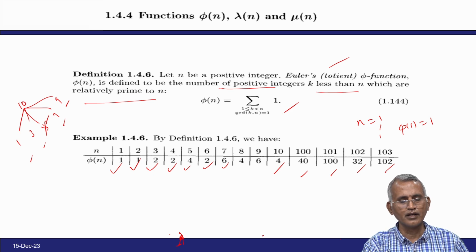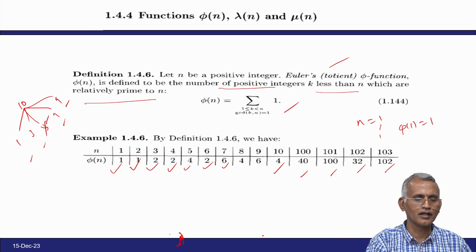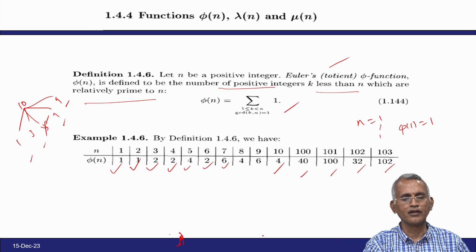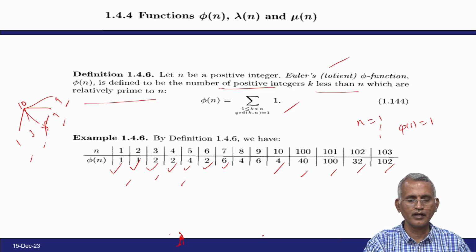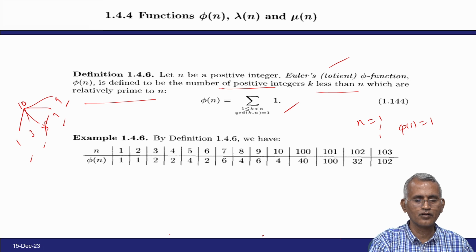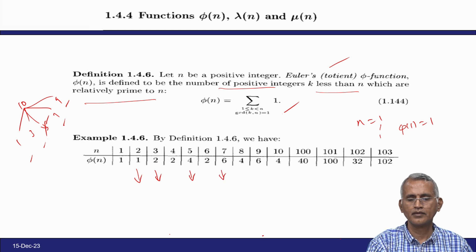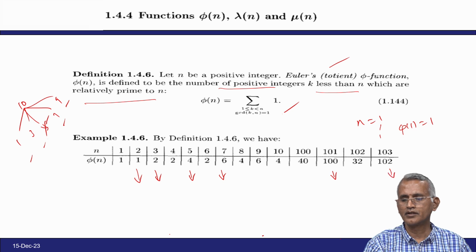Now you see, if n is a prime, then that number minus 1 is phi of n. Take 2, 3, 5, 7, and 101 is a prime, 103 is a prime.